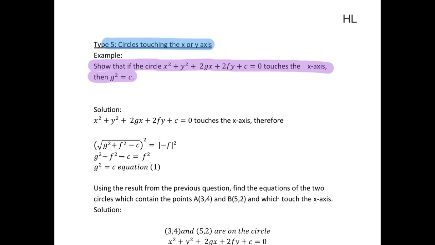So first, if we just get an idea of what we're looking at, if the circle touches the x-axis, so if we draw our x-axis and our y-axis, so this is our y, this is our x, and let's say we have a circle here that touches the x-axis, so say this circle here, and we know it has a center at minus g, minus f.